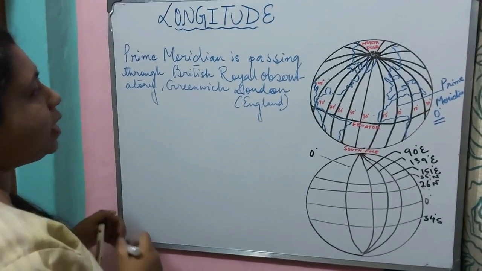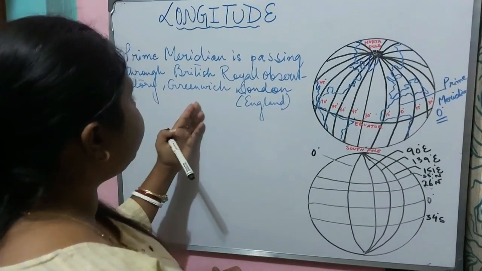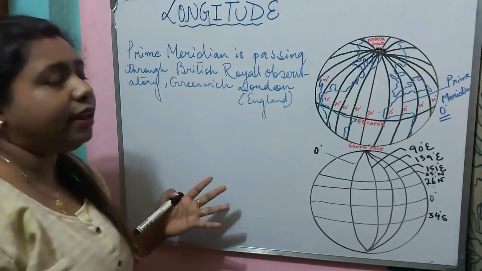So the prime meridian passes through the British Royal Observatory, Greenwich, London, which is in England, right?